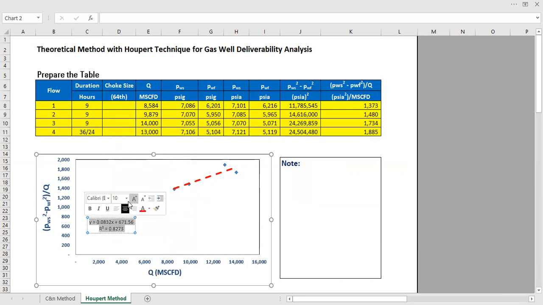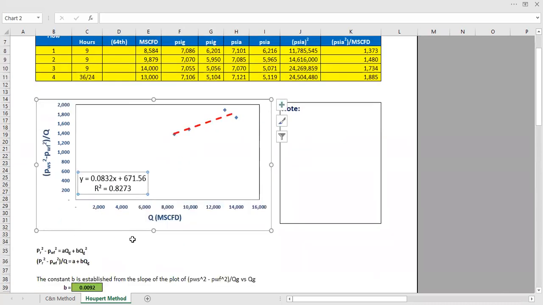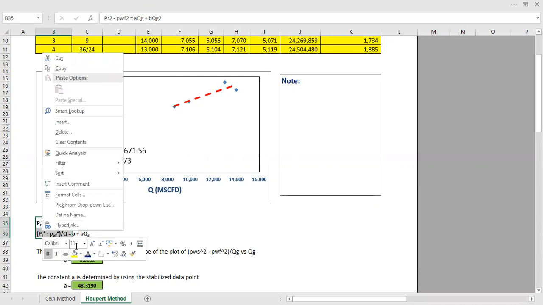Sorry, let's say 15 because this is important. All right. Okay, so we get this linear trend, linear equation, and I make this formula as per the technique.